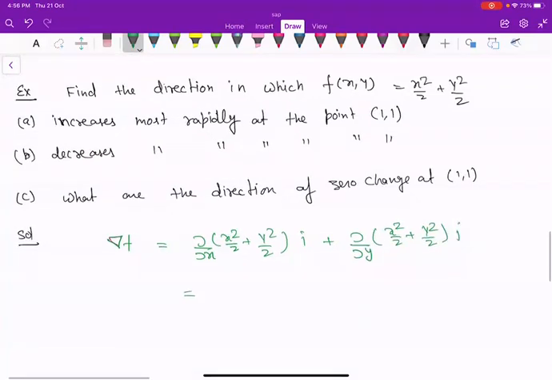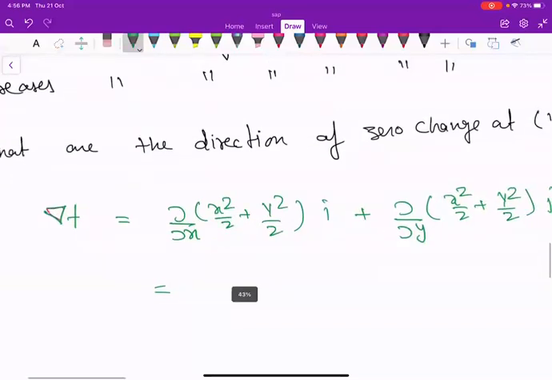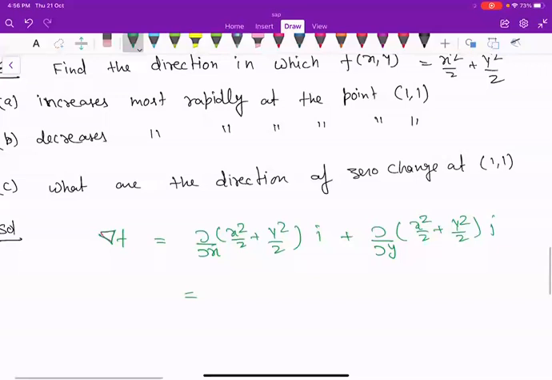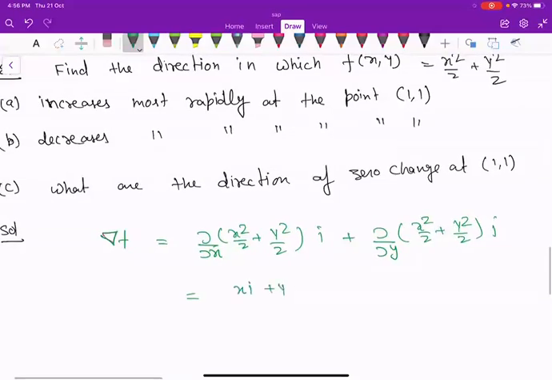Okay, it is what? It is xi plus yj, since the differentiation of x square by 2 is 2x upon 2, plus the differentiation of y square by 2 is 0 for this part. So this is del f.